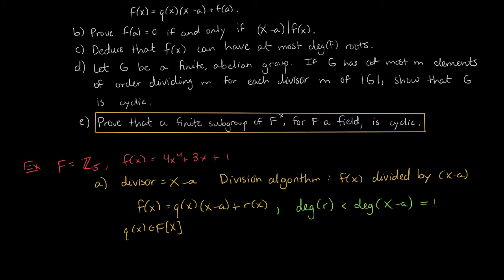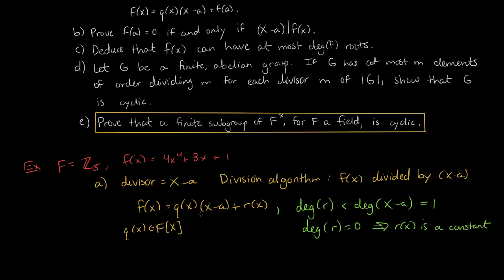And the degree here is 1. So because the degree of x minus a is 1 and the degree of r is less than that, we actually get that the degree of r, because it must be an integer here and it can't be negative, must be 0. So the degree of r equals 0, which means that r(x) is a constant.